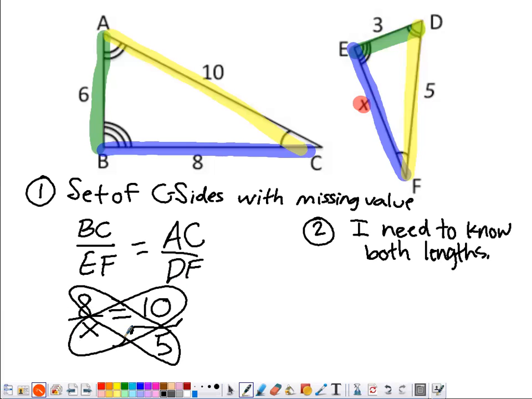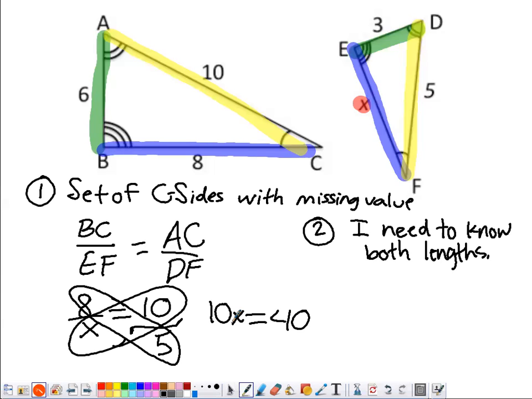So it's 8 times 5, 40. And what's 10 times x? Then I have 10x equals 40.